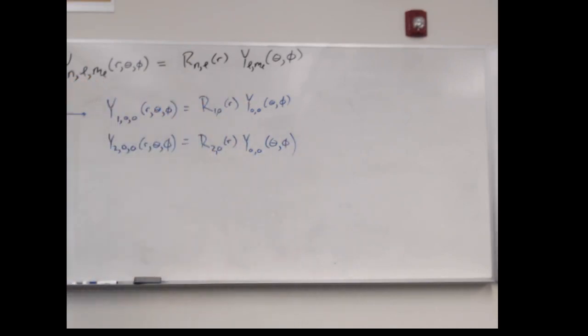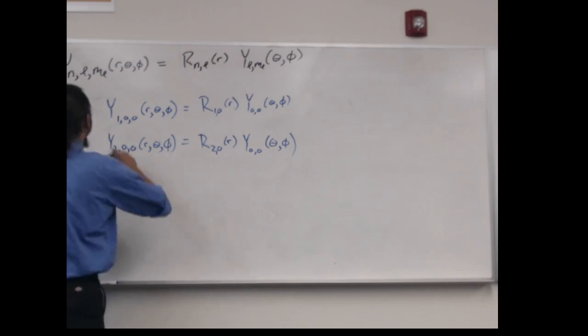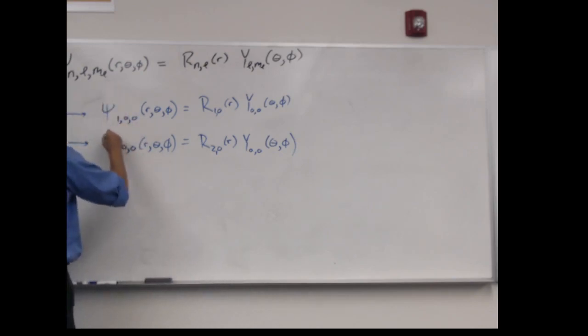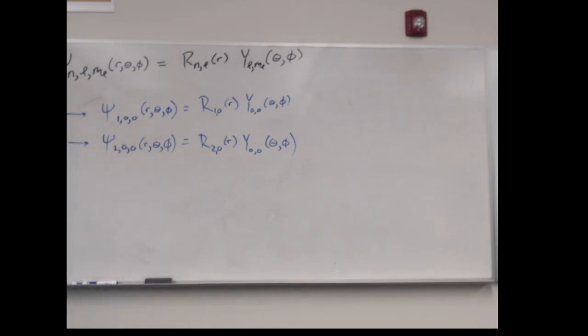Since the angular part is the same, we still use this s bit. But since it's the R20, we call this a 2s. We can keep going. Sorry, that should be psis on this side, not Ys.